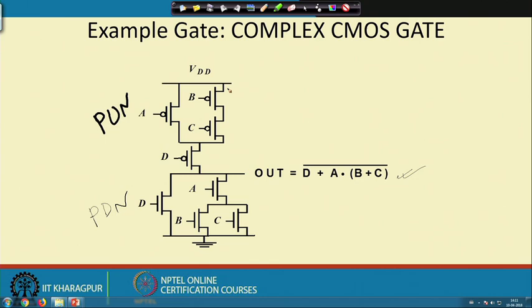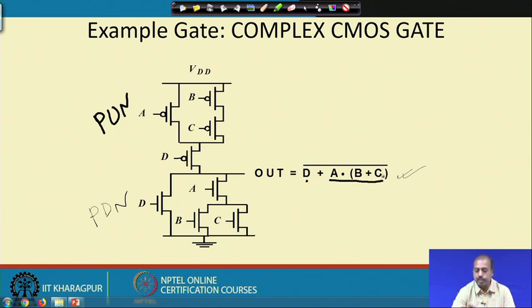Now, how do we realize the circuit? As a rule, from the expression we find the sum of the parallel terms. In this expression, D is one term and A into B plus C is another term. So, these two terms are in parallel. In the N network we will have D and A into B plus C as two parallel branches.